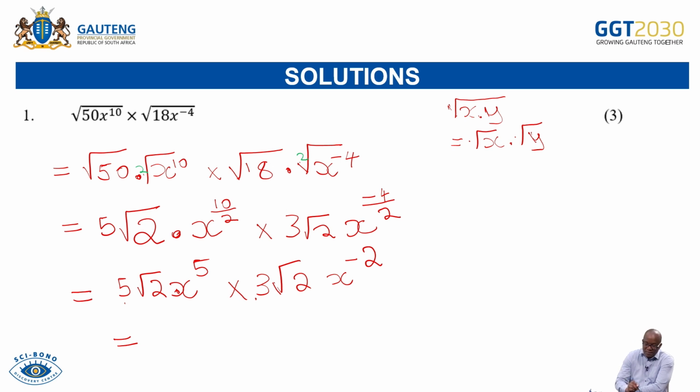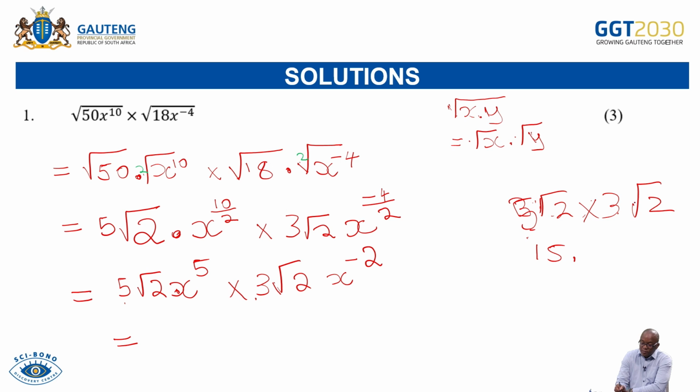And if you multiply, this is what I am talking about: 5 root of 2 multiplied by 3 root of 2. So what will happen there is 5 multiplied by 3 is 15.